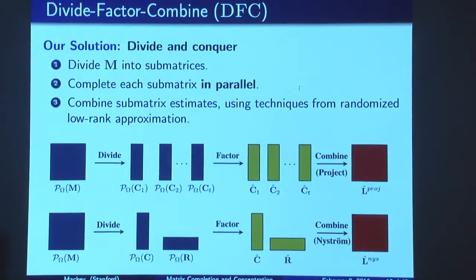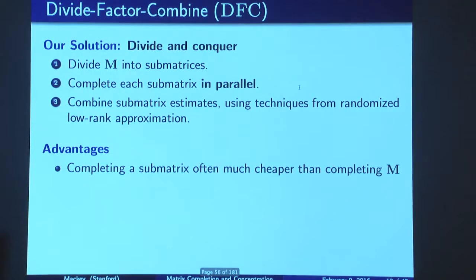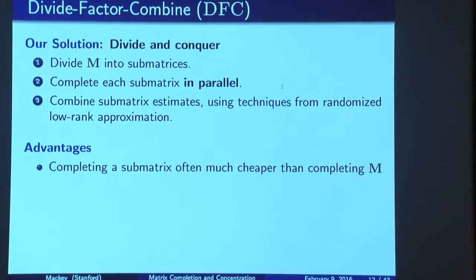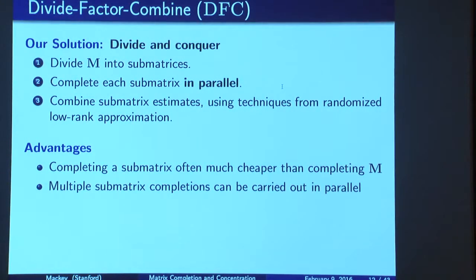Before I say what the specifics are, let me just discuss the advantages of doing this. First, completing a submatrix is often much cheaper than completing the full matrix. That's where you get most of your gain. You can also carry out the submatrix completions in parallel, so you only pay the cost of the longest running completion.